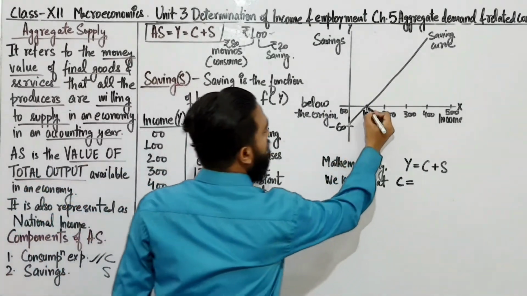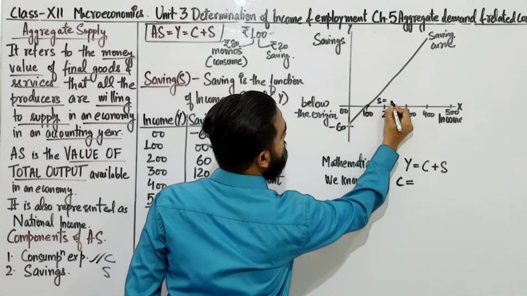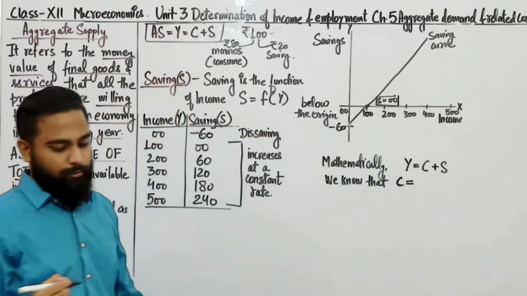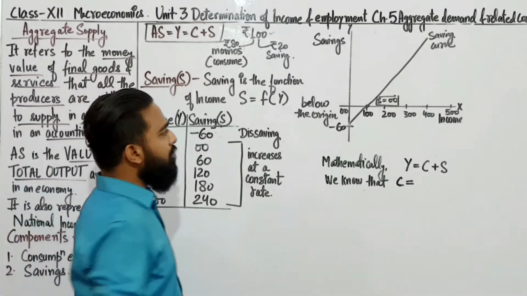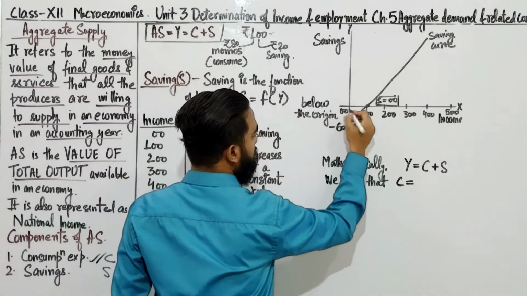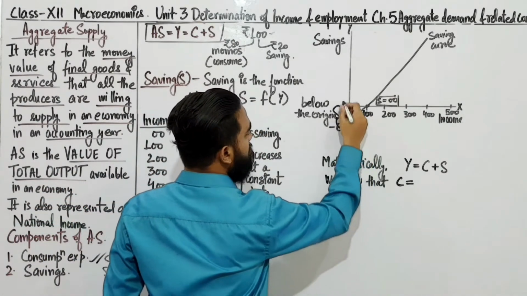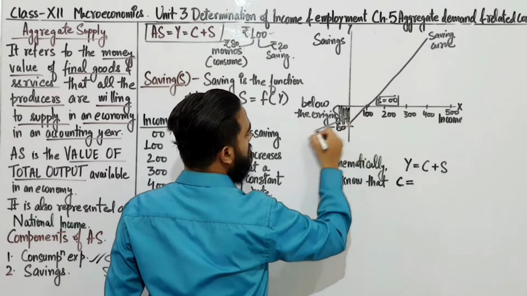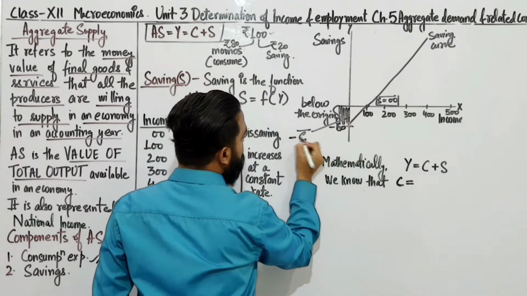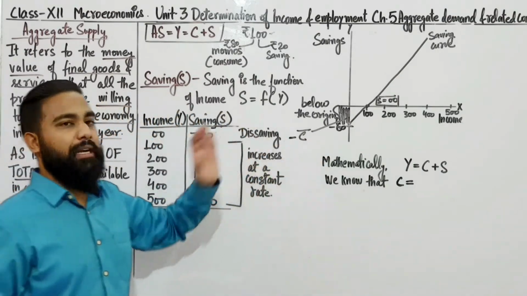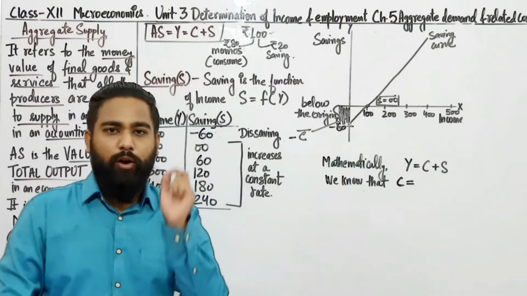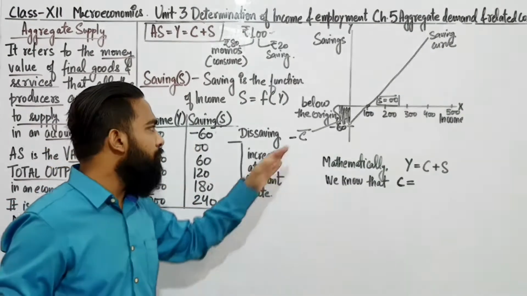Now at this point, your saving is equal to 0. Fine. And this portion is your minus C bar, or you can call it dissaving, or you can write it as minus autonomous consumption or minus C bar.